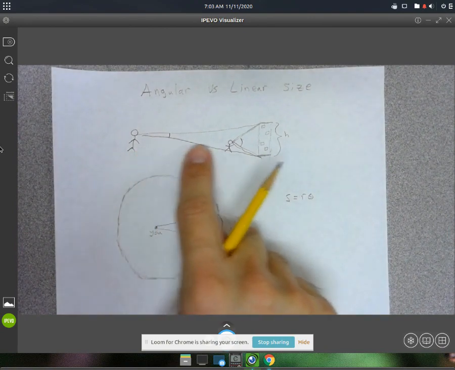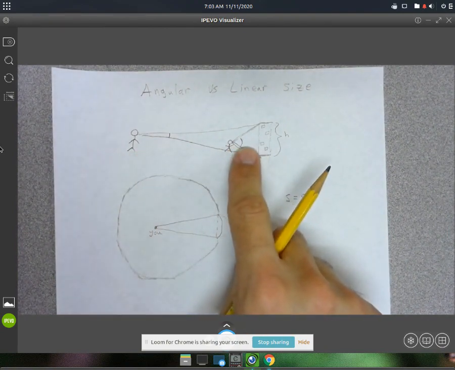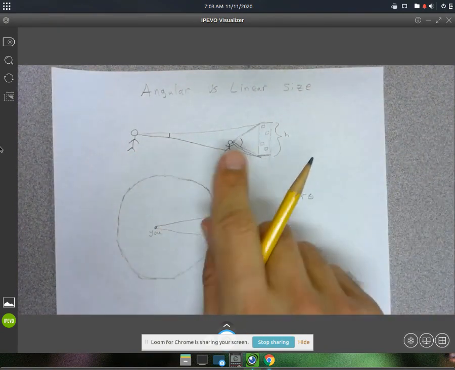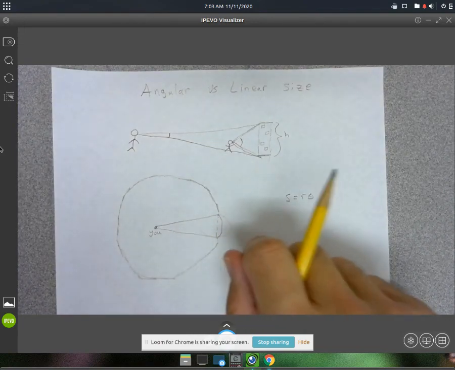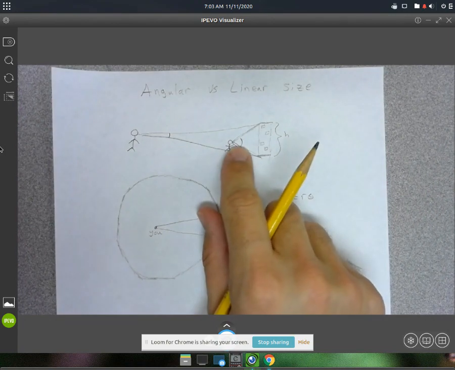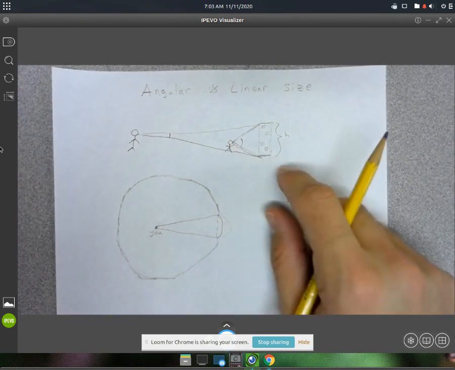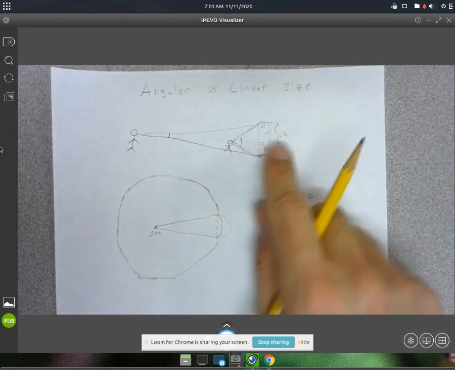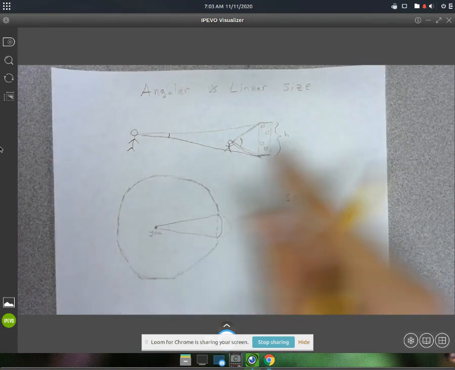So the closer that he gets to the building, the bigger this angle is. All right, that is what we call angular size. All right, it's the angle. It's using an angle to describe the size of an object, all right, depending on how far back or forward you are from it.